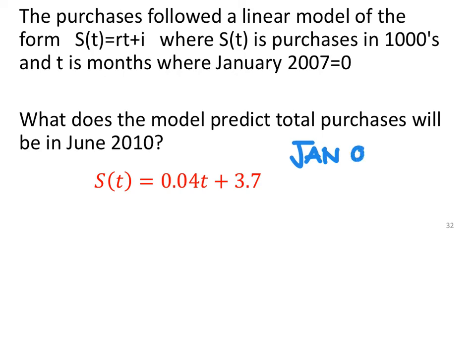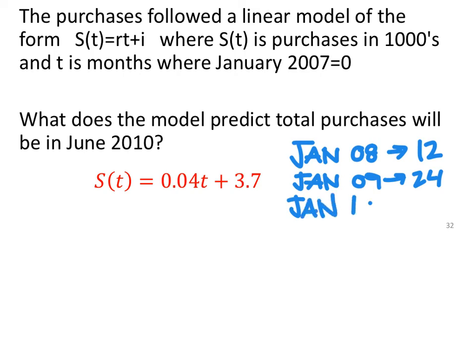So that means that January 08 would be month 12. So January of 09 would be 24 months. So January 2010 would be 36 months, right? Well, from there you can count to June.